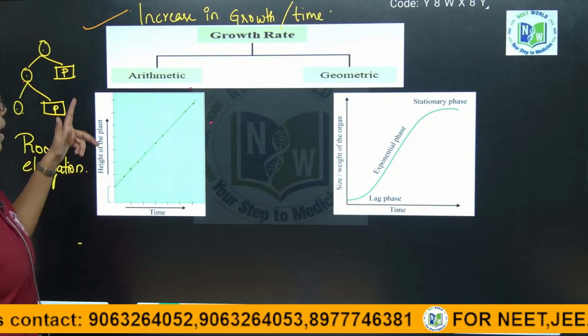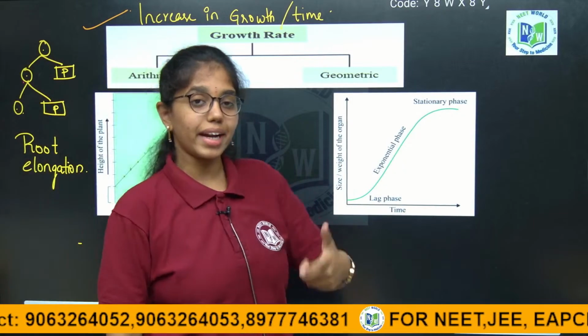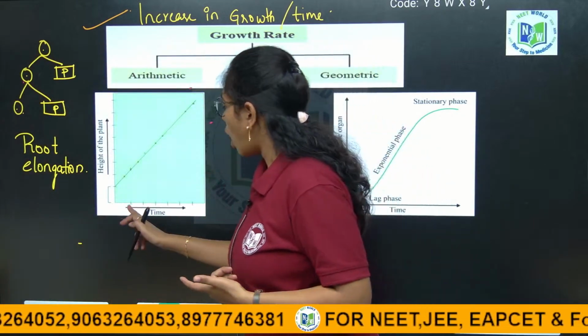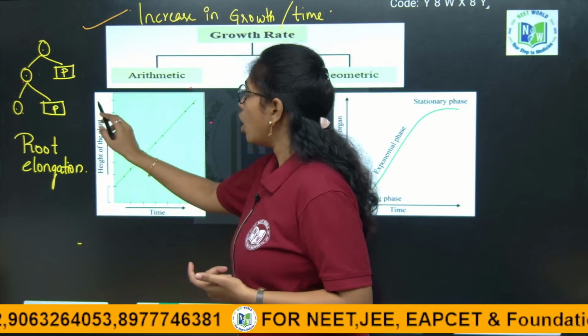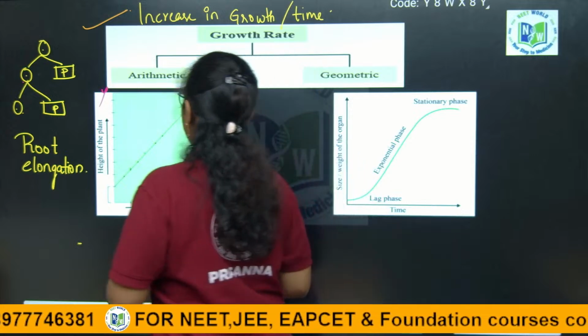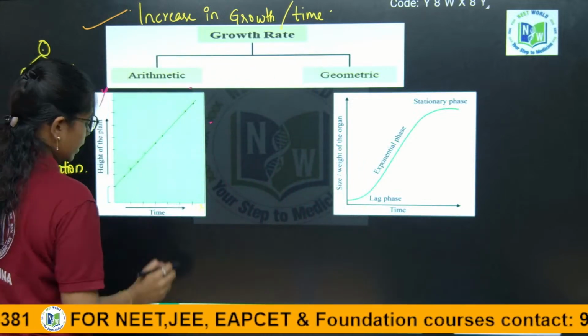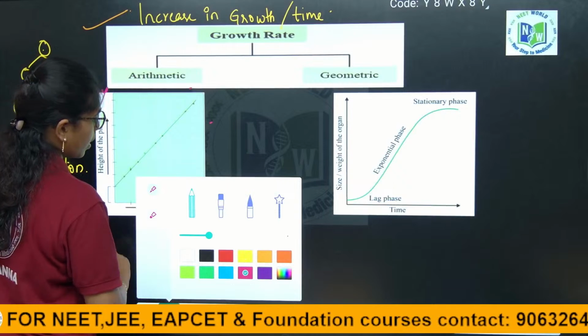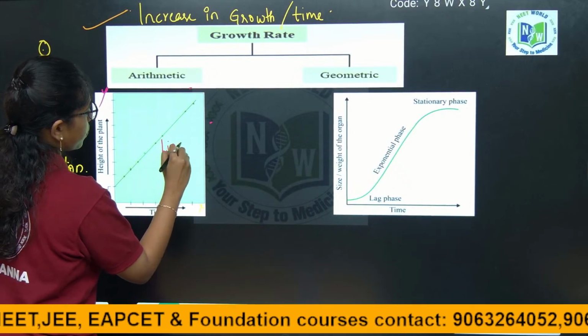Where arithmetic growth is followed, if the arithmetic growth rate is plotted on a graph, with time on the x axis and height of the plant on the y axis, you can observe a linear curve.